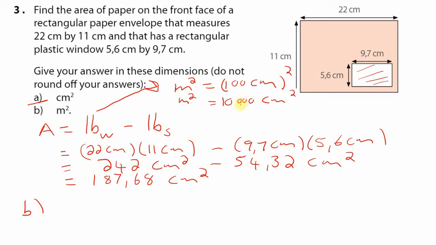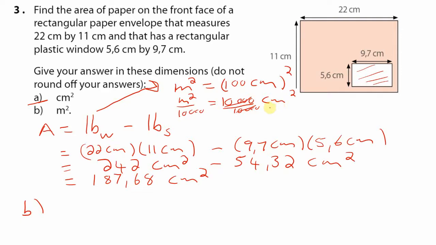Okay, so now we want centimeters squared. We currently have 10,000 centimeters squared, so we have to divide both sides by 10,000 just to get centimeters squared. So these cancel.